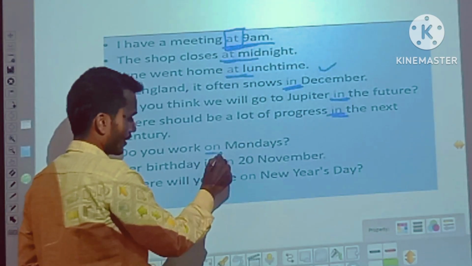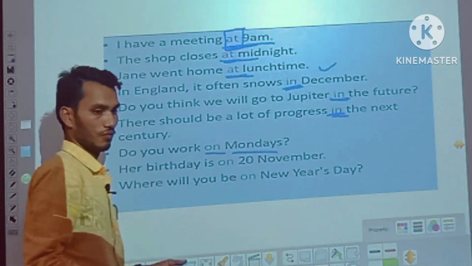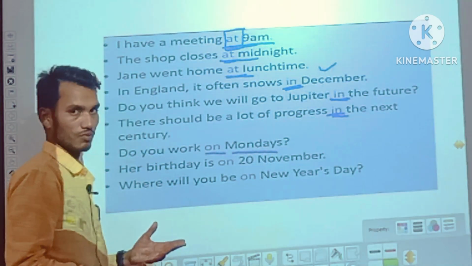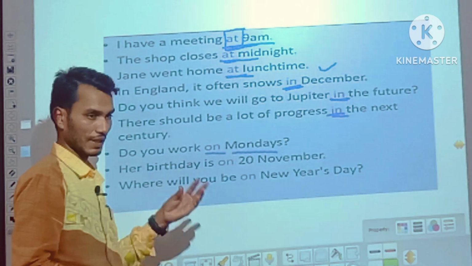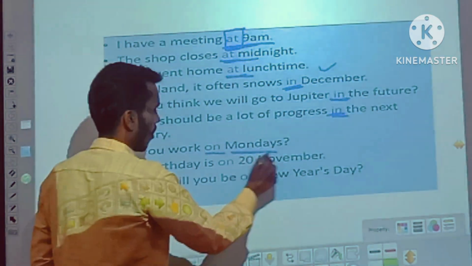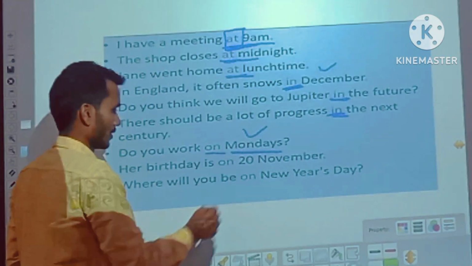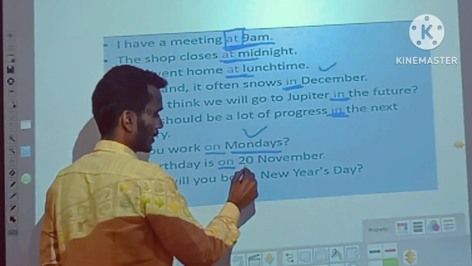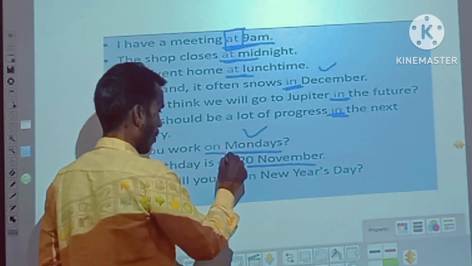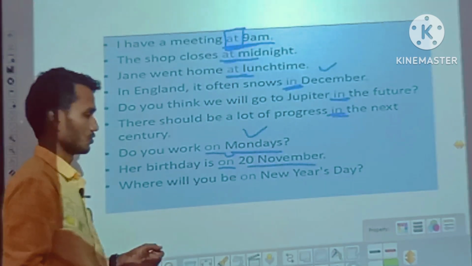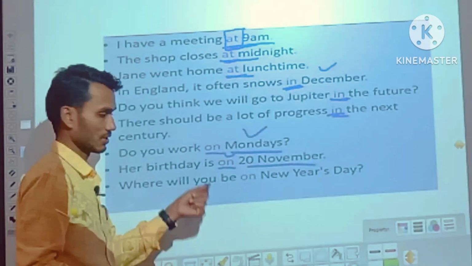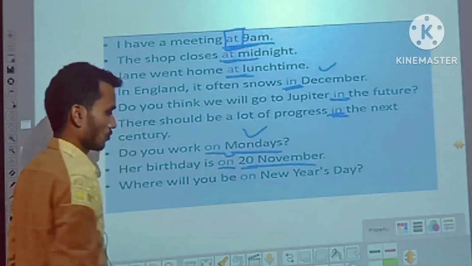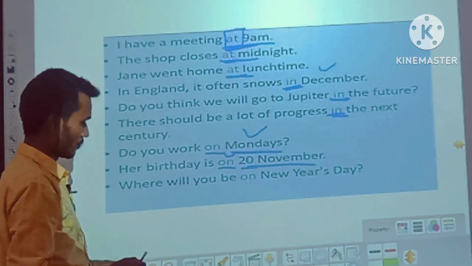Do you work on Monday? I told you we should use on when we are going to tell the specific date or day, here on Monday. Her birthday is on 20th November. On is used when we are going to tell the specific date, 20th November.